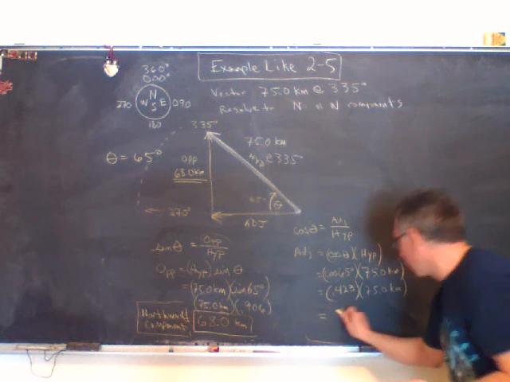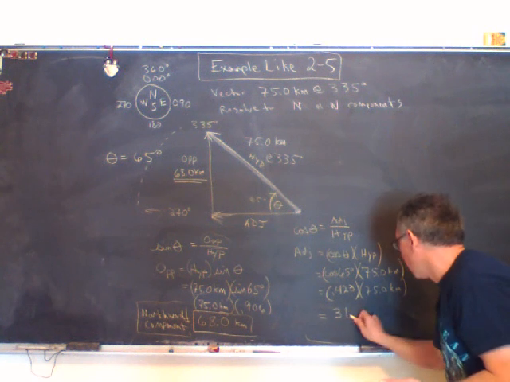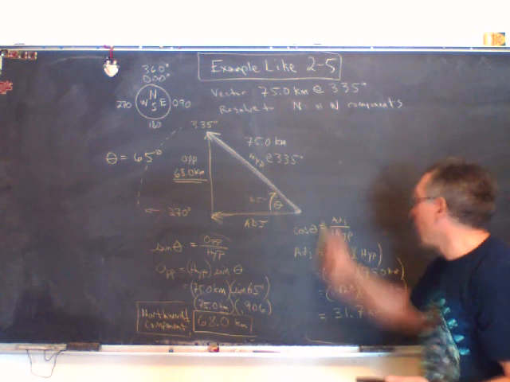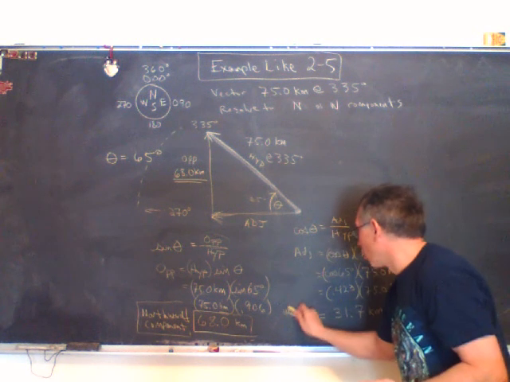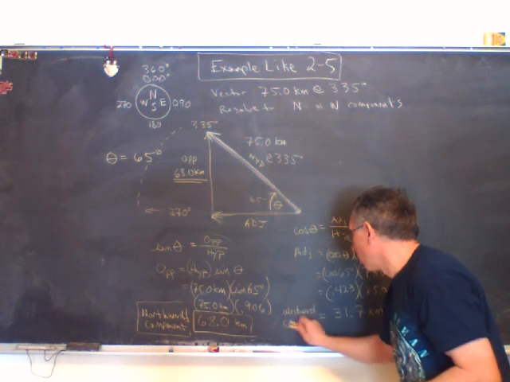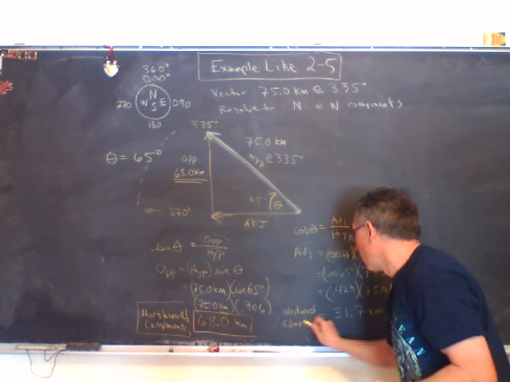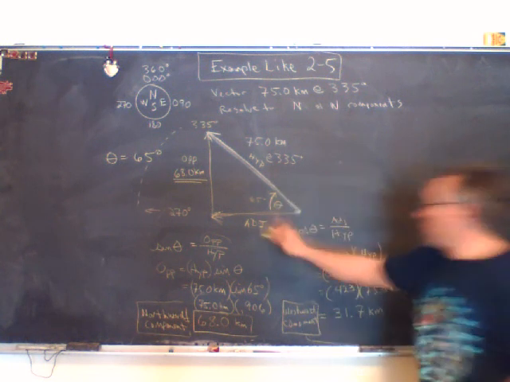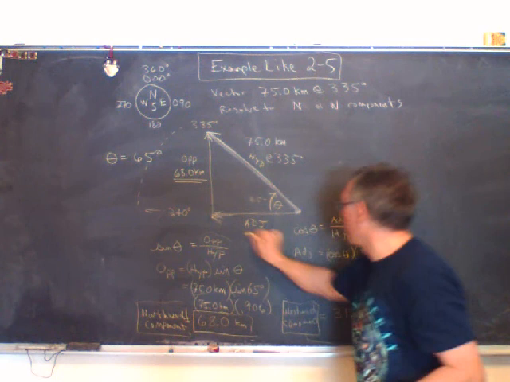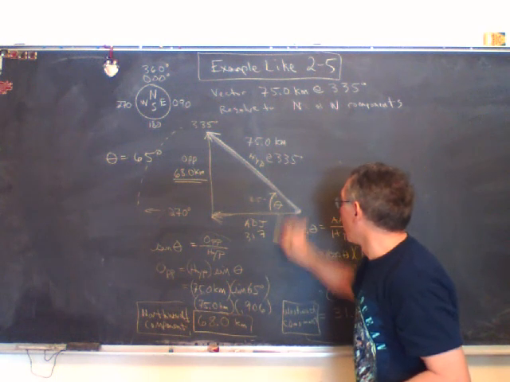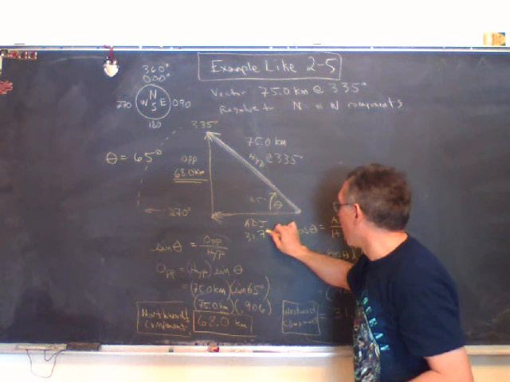With 3 sig figs, that's 31.7 kilometers. And that is the westward component, the component going westward, here. Again, we'll put it up here, 31.7 kilometers.